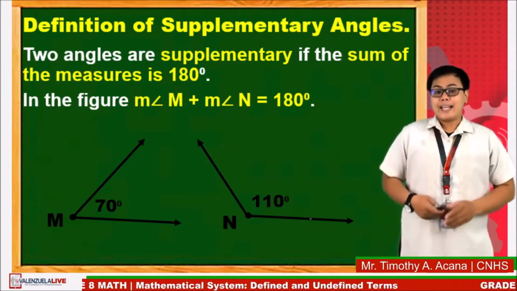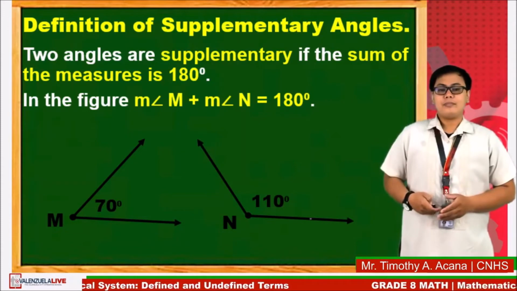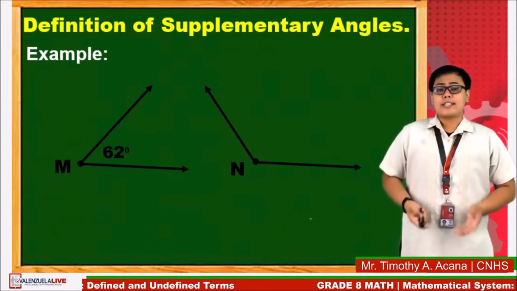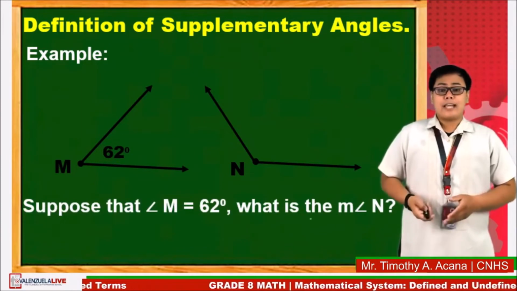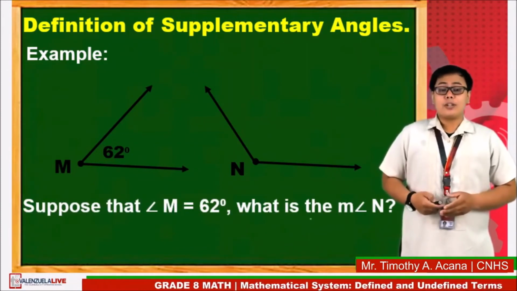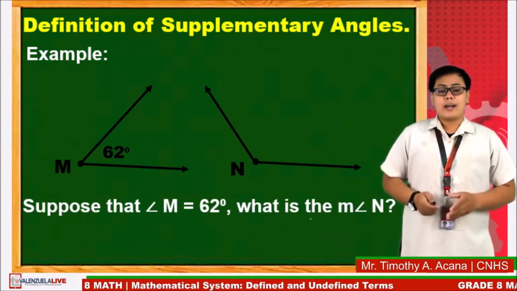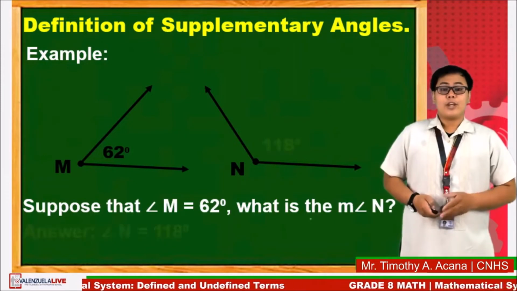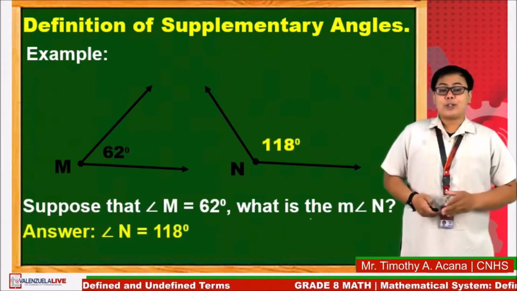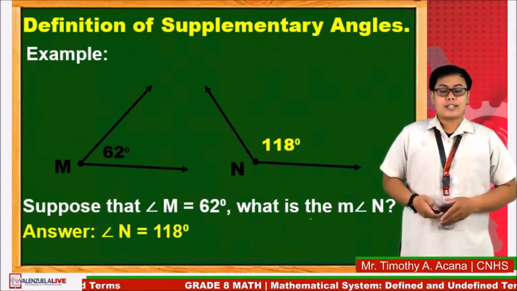Therefore, angle M and angle N are supplementary angles. Another example, in the given figure, suppose that angle M is equal to 62 degrees. What is the measure of angle N? You are right. The measure of angle N is equal to 118 degrees.